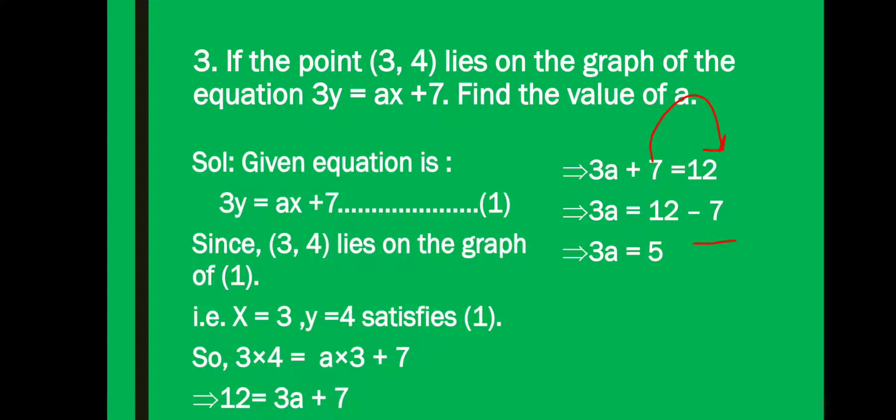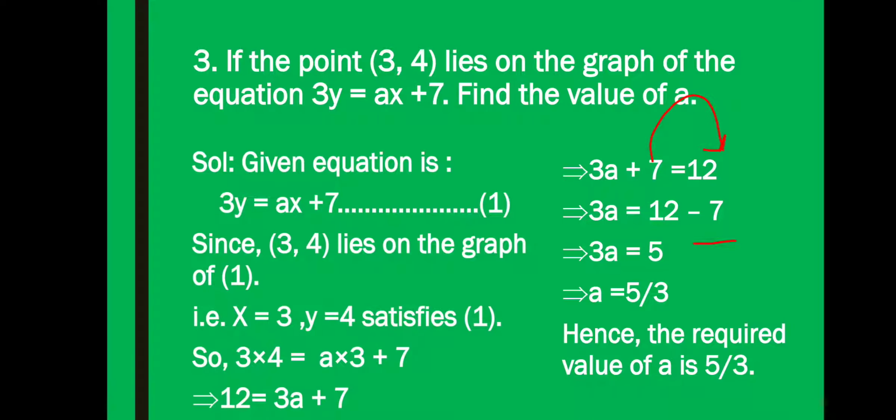That means 3a is equal to 12 minus 7, which is 5. From here a is equal to 5 divided by 3. So we were asked the value of a, and that becomes 5 by 3. Hence the required value of a is 5 by 3.